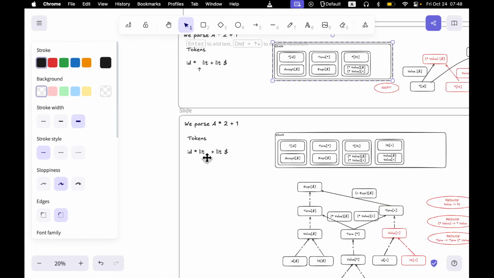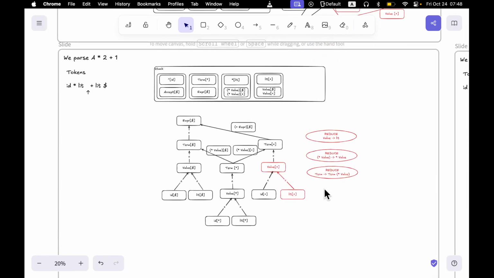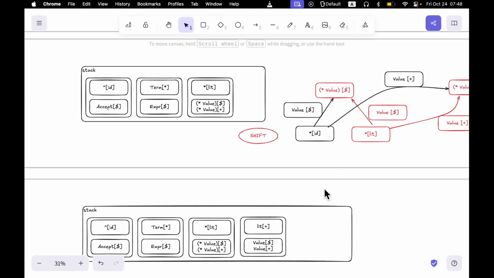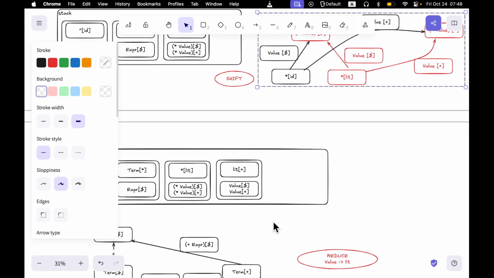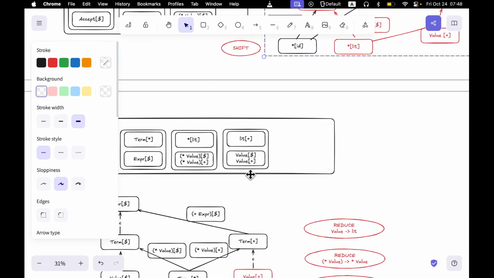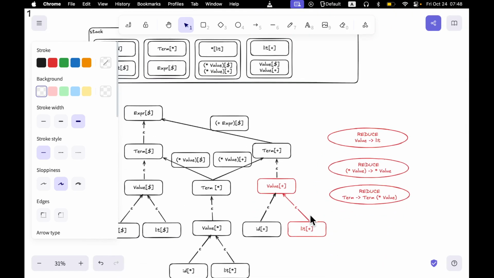We're here. Our shifted state is literal with the look ahead of plus, which is here, and what we want is either value dollar or value plus, which is here, value dollar or value plus. Now if we look at this, you see there is a path that comes from literal plus to a value plus.